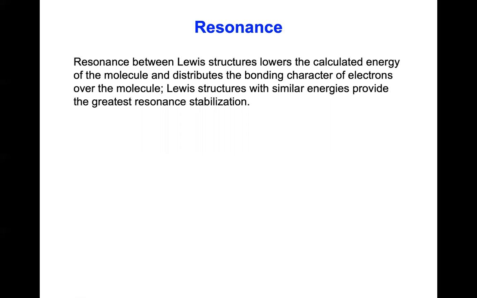I'm going to show you how it works. In reality, when electrons move around between the central atom and non-central atoms, it helps to stabilize the energy and makes the compound or ion more stable. That's why we need this resonance phenomenon in reality.